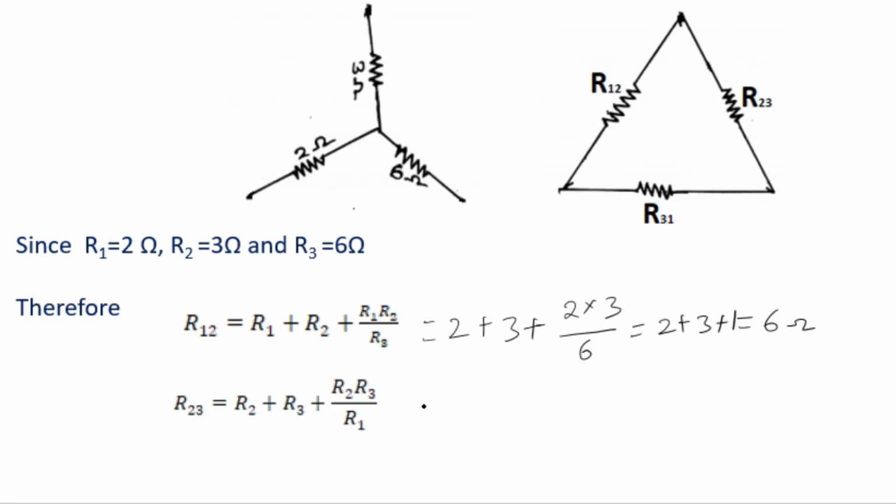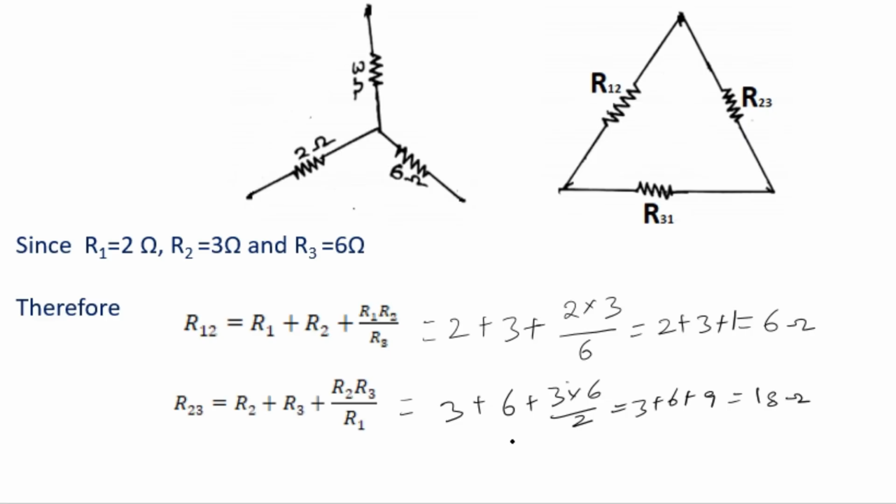Similarly, R23 is equal to R2 plus R3 plus R2 R3 by R1. R2 is 3 ohms and R3 is 6 ohms, so 3 plus 6 plus 3 into 6 by 2, which is 3 plus 6 plus 9, which is equal to 18 ohms.